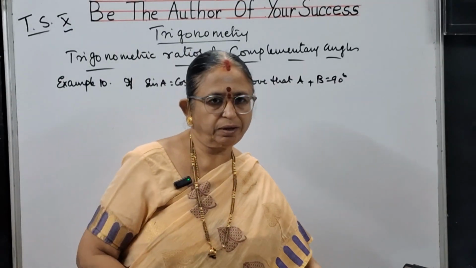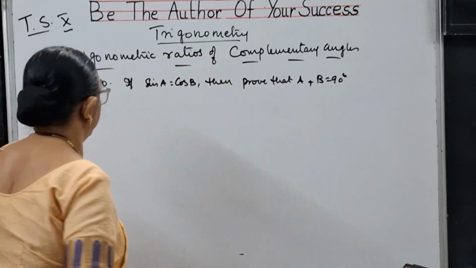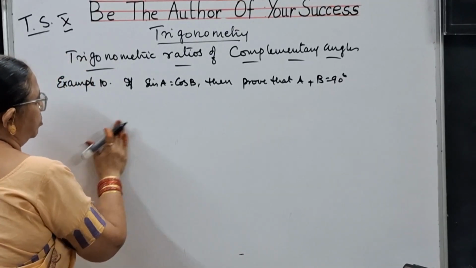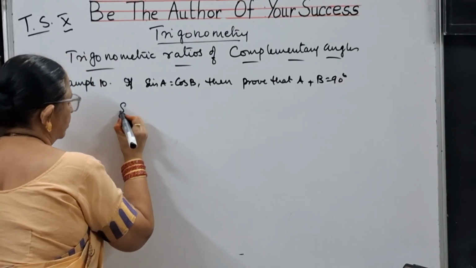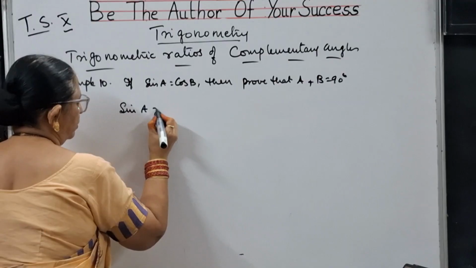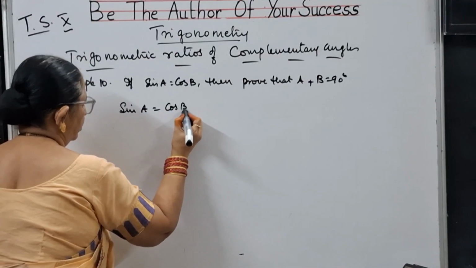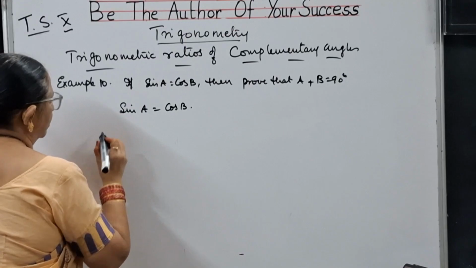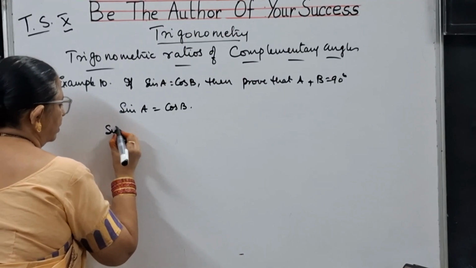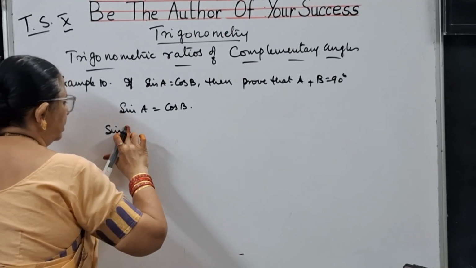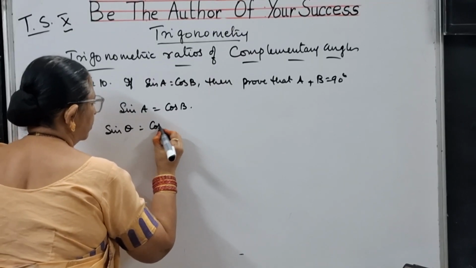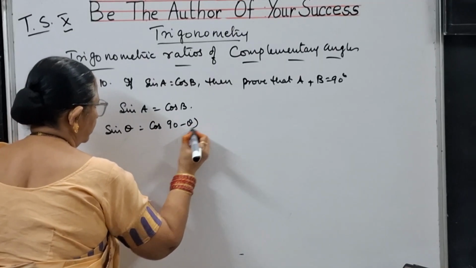Let us go to the next example 10. If sin A is equal to cos B, then prove that A plus B is 90 degrees. So you have got sin A is equal to cos B. Either convert sine to cos or cos to sine. Let us take this sine A or sine theta. The formula is sine theta is equal to cos 90 minus theta.